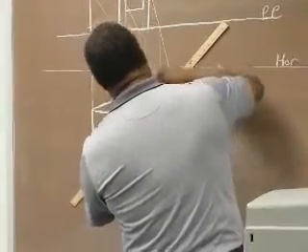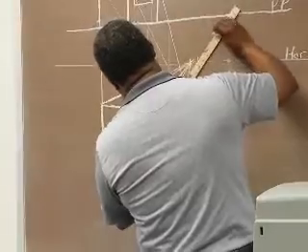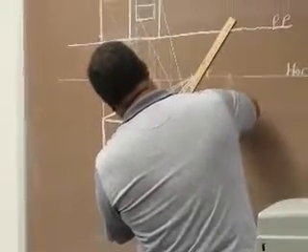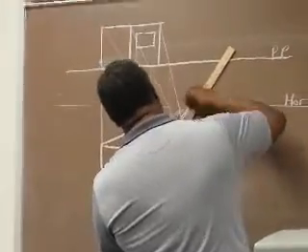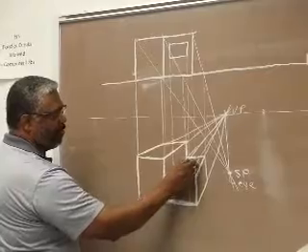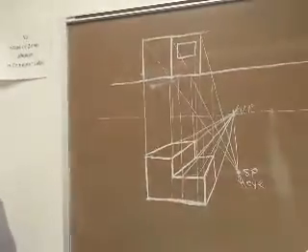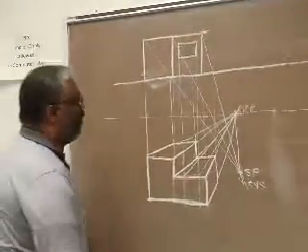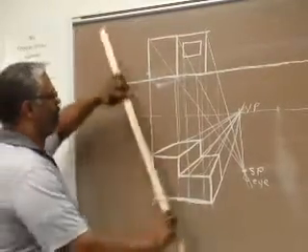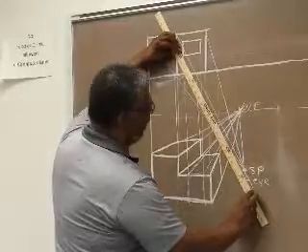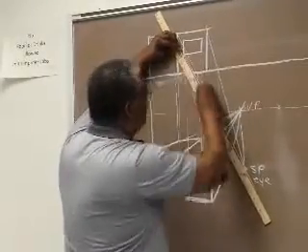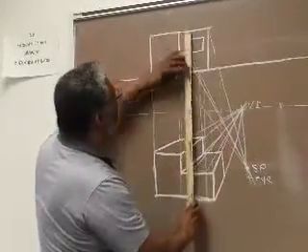Draw this here, and as you draw this, it shows you what's happening here: as my object gets further away, it gets smaller and smaller. Okay, so now to locate this point on this line, again, I just take this point to my station point here, where it crosses my picture plane.